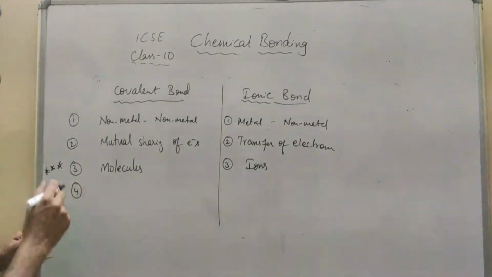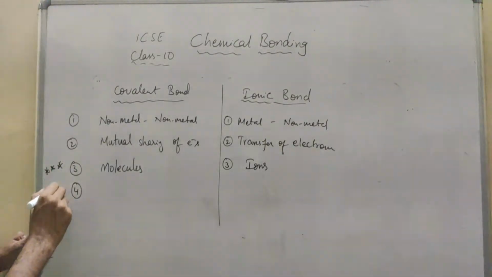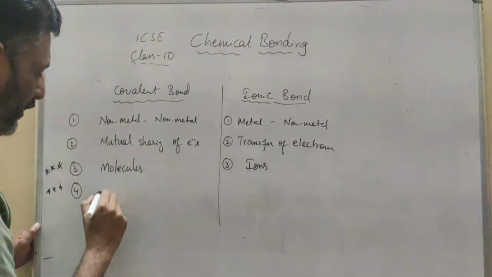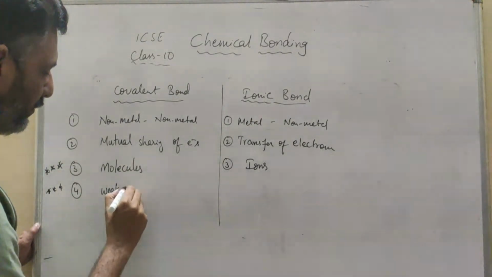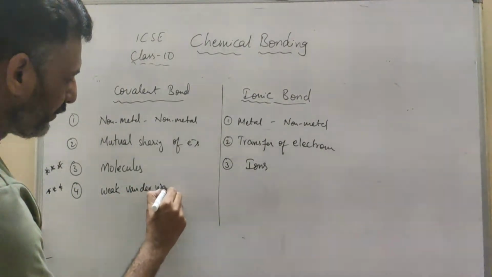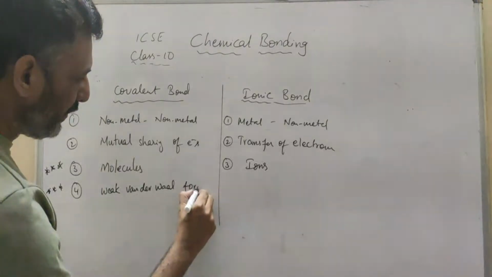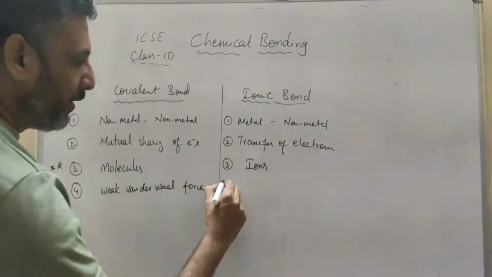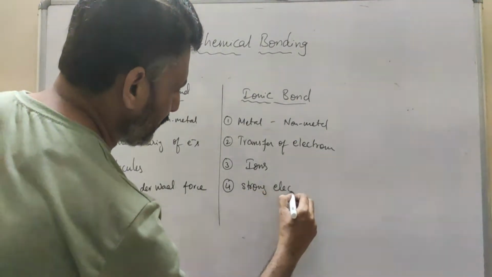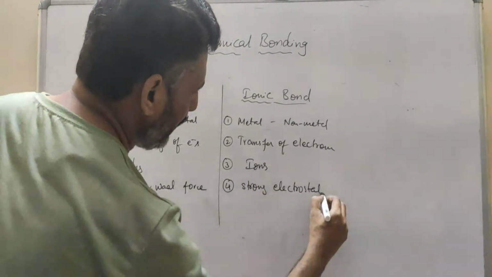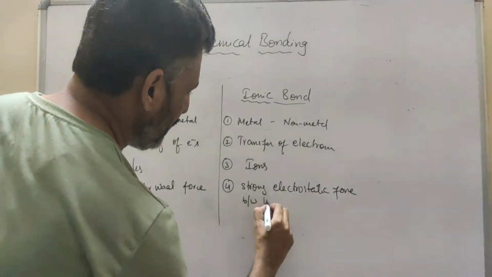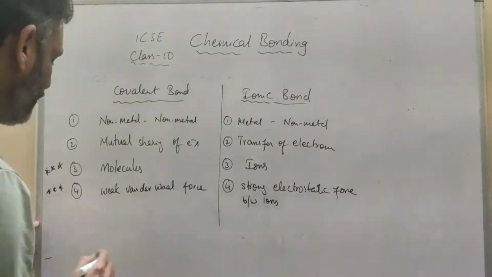And this point is also very important. What kind of force exists between molecules? Between the molecules you will have weak van der Waals force of attraction, very, very important. And here strong electrostatic force of attraction between the ions, because we have ions here.